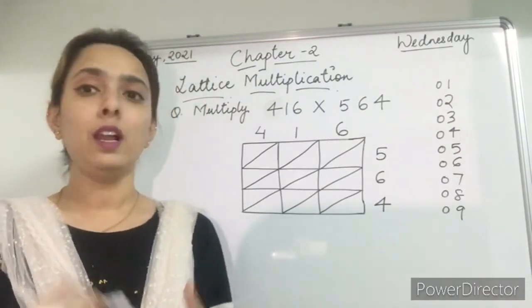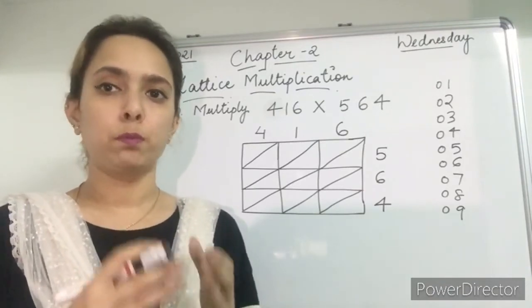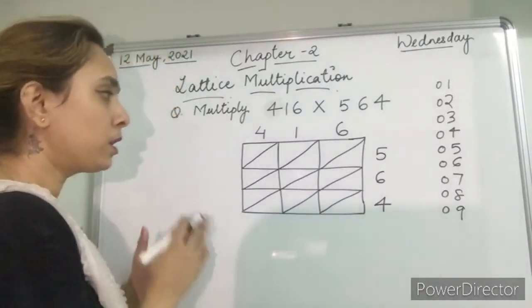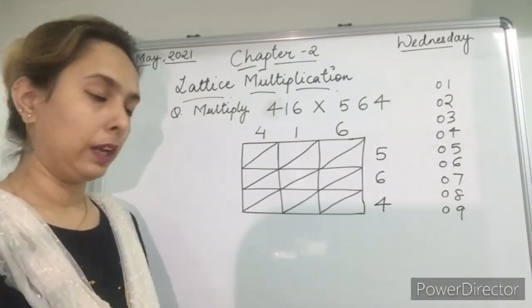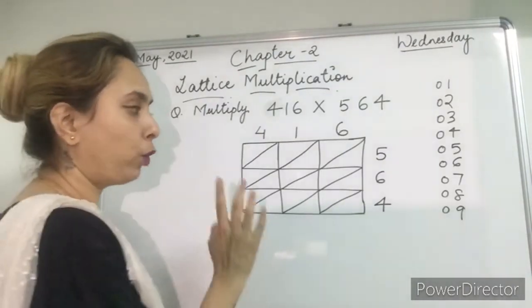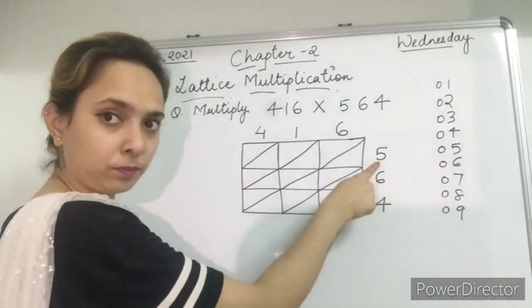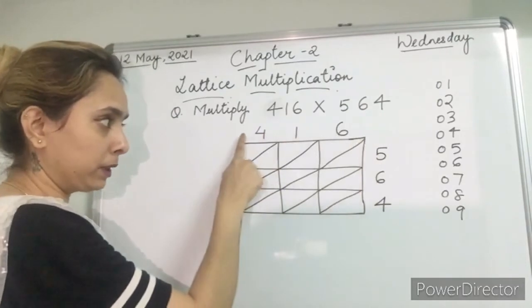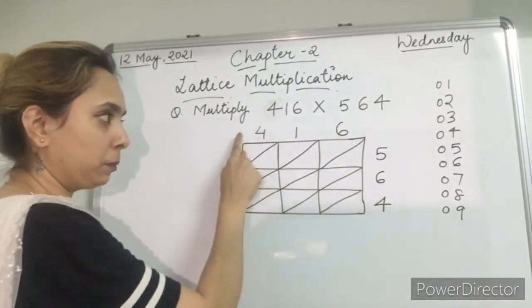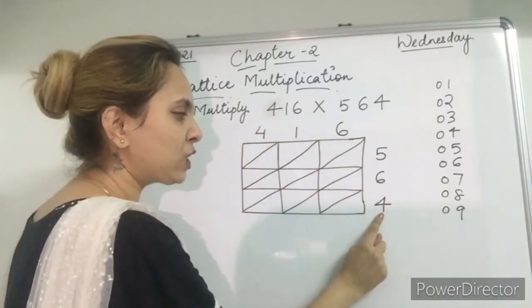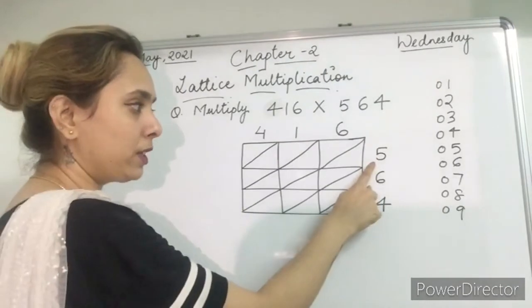Only this 0 will help make our concept or problem clear. Now, how are we going to multiply? The most important thing: every time, you will multiply this 5 with all these numbers, then this 6 with all these numbers, and then this 4 with all these numbers. So first we start with this 5.